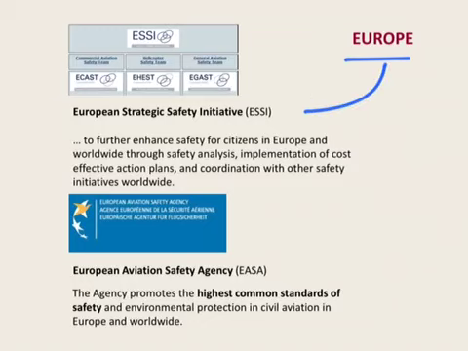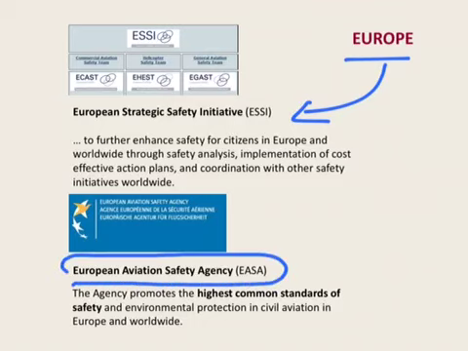In Europe, there are also initiatives to increase safety, and in particular, we have the EASA, which is the European Aviation Safety Agency, in charge of increasing the standards of safety in Europe.